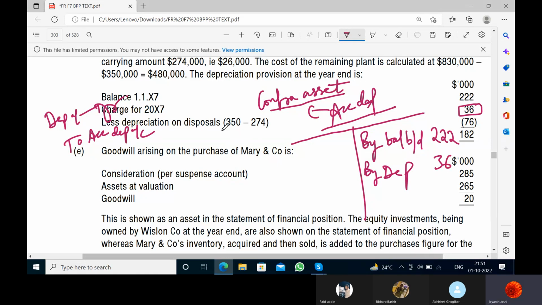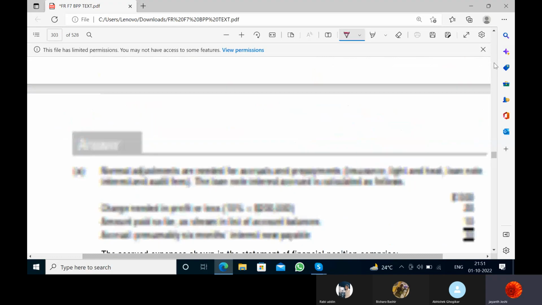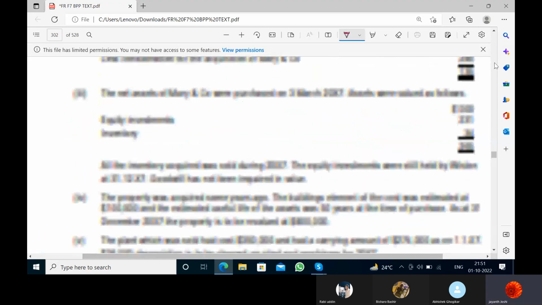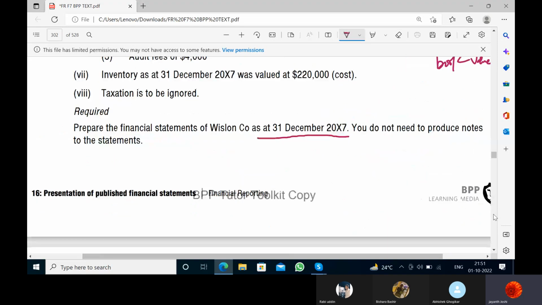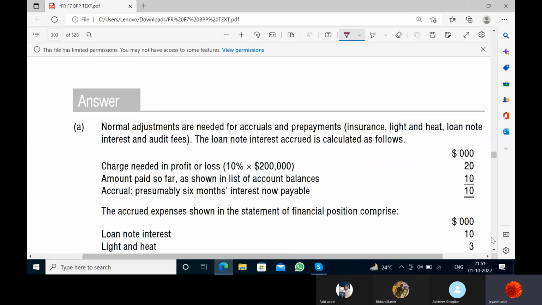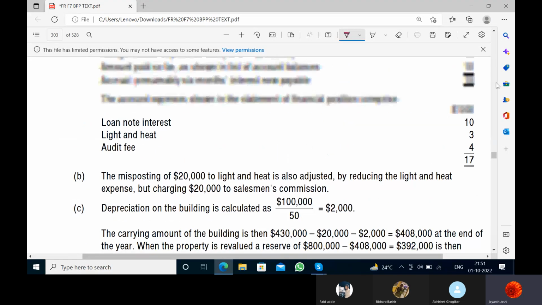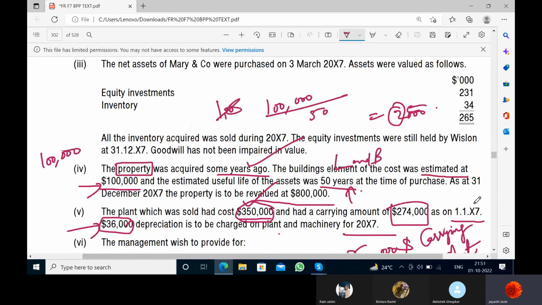Now see, you have disposed of the asset for how much value? So we will see here. The plant which was sold had cost this and a carrying amount of this much. So what do you mean by carrying amount? Carrying amount is today's value, what we are showing in the balance sheet. That means on what date is the carrying amount? First day. That means on the first day, the plant which you purchased a long time back, you sold it, and its carrying value is this much on that day.